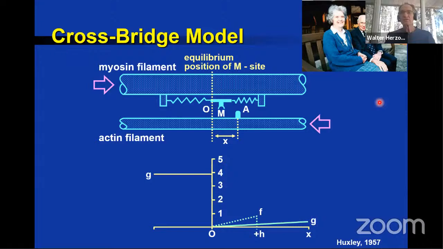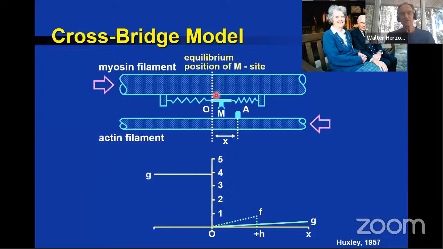Here is Andrew Huxley with his wife, Richenda, when they visited Calgary. And so what he proposed is that we have a myosin filament shown here schematically in a very engineering-like drawing. And then he assumed that there would be side pieces, which we now call cross bridges, that are attached to an elastic element.